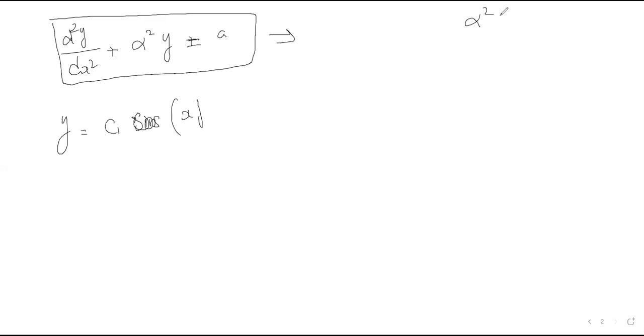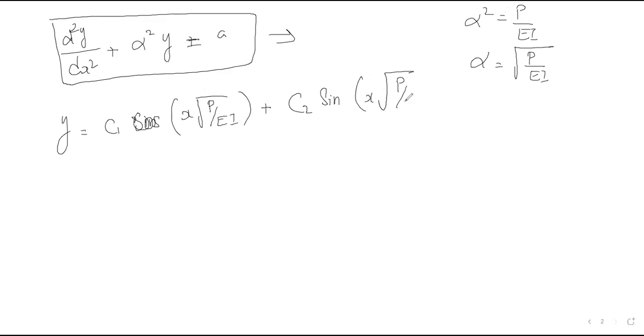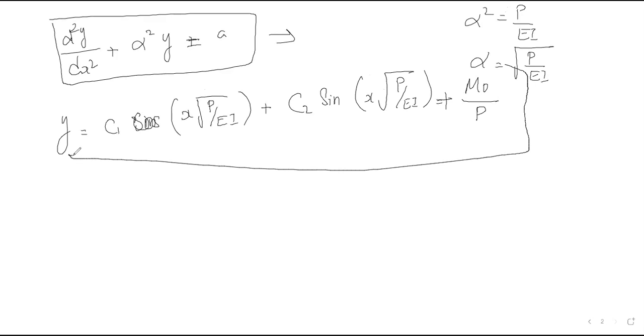We know that alpha squared is equal to P by EI, so alpha is equal to root under P by EI. So y is equal to C1 cos x root under P by EI plus C2 sin x root under P by EI, plus whatever the terminology we have, that we are going to write as M naught by P. So this is the solution for the above equation.